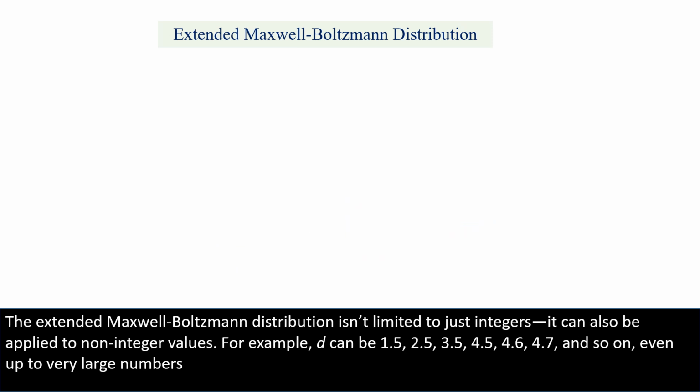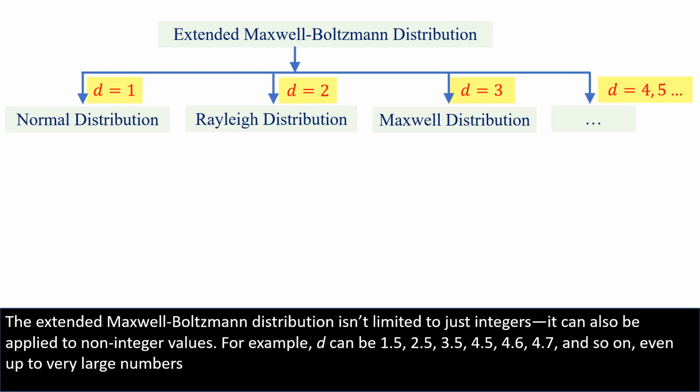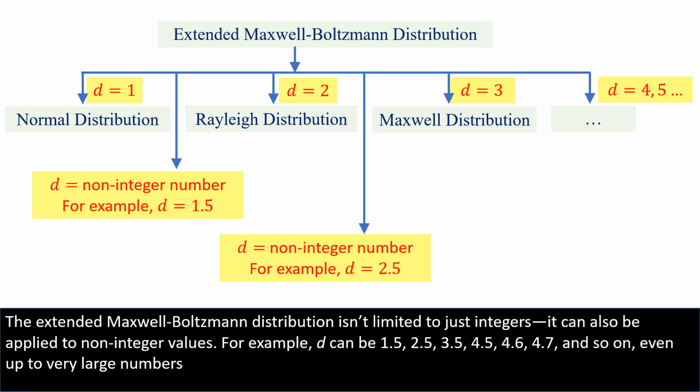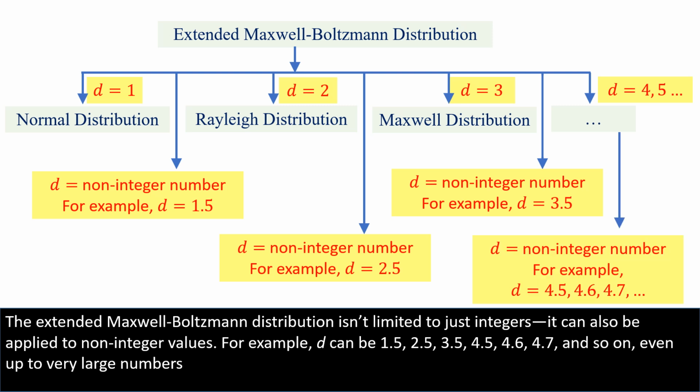The extended Maxwell-Boltzmann distribution isn't limited to just integers. It can also be applied to non-integer values. For example, d can be 1.5, 2.5, 3.5, 4.5, 4.6, 4.7, and so on, even up to very large numbers.